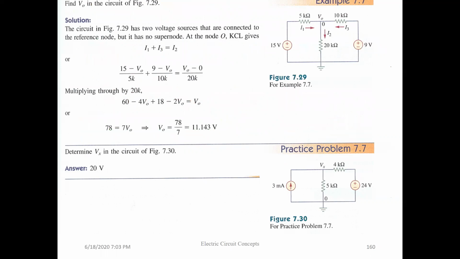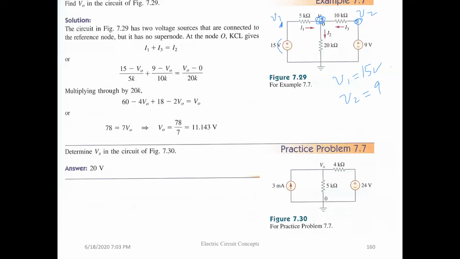Why? In this example we have a node here, a node here, and a node here, so we're supposed to have 3 node equations. Since this is a 15 volt source, if we label this node V1, this one V0, and this one V2, we can immediately say V1 is equal to 15 and V2 is equal to 9.